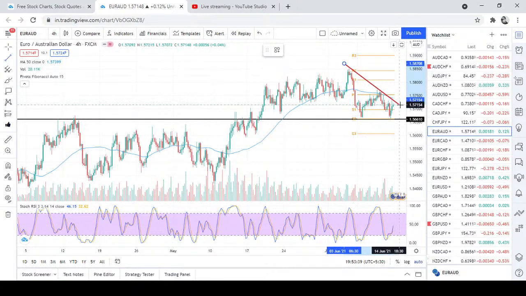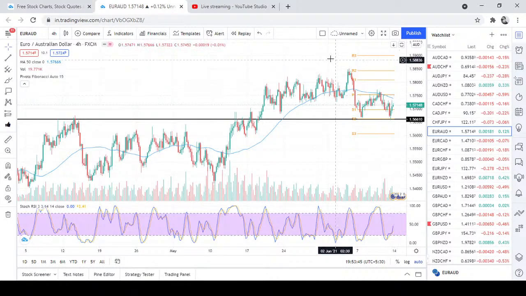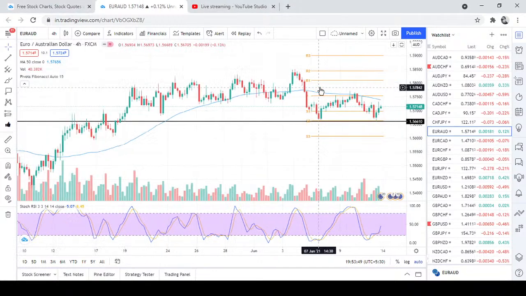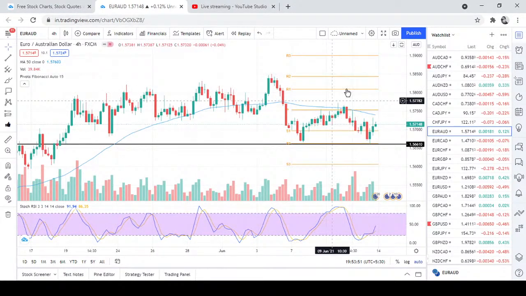No, am I doing it forcefully? Not required. 50 moving average. You can see that when the market tried to go up here, the 50 moving average acted as a resistance for the market.